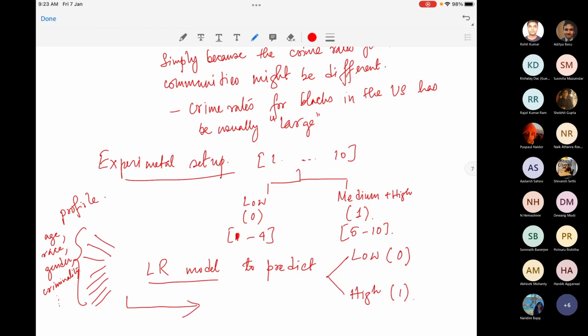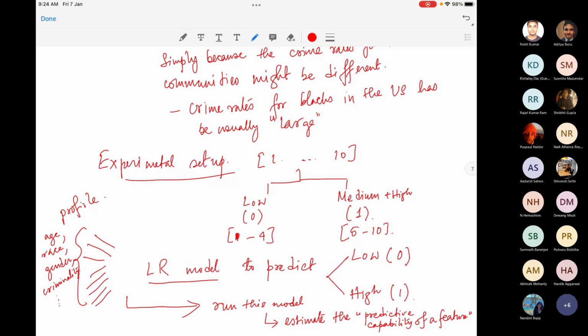Basically, they will run this model, and from there they would estimate the predictive capability of a feature.